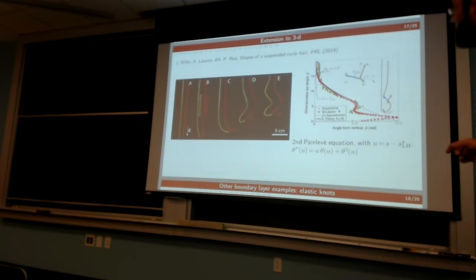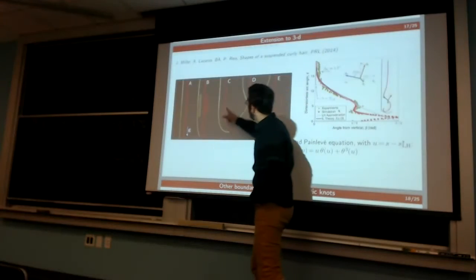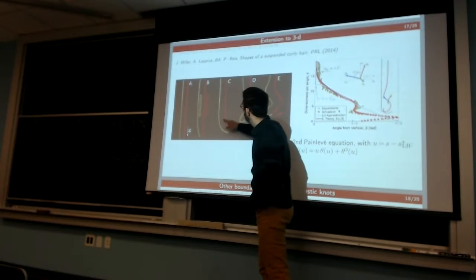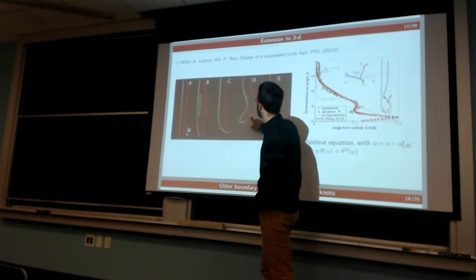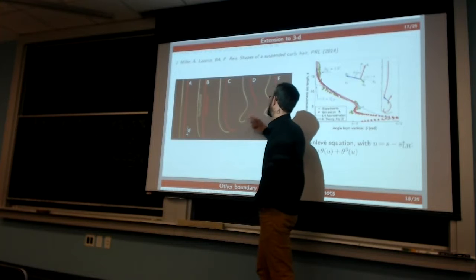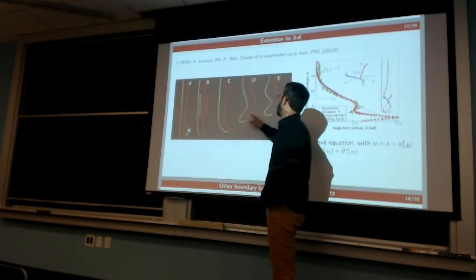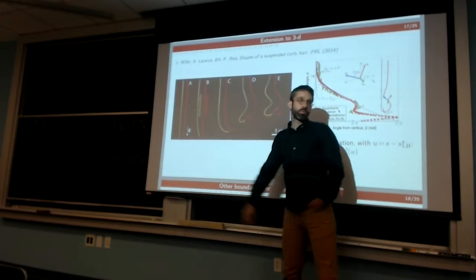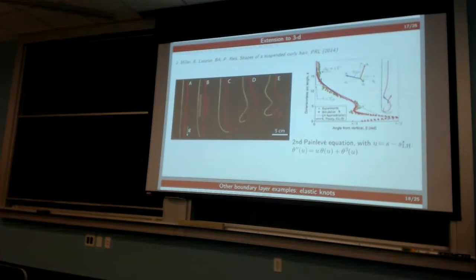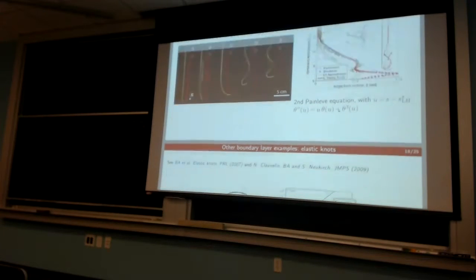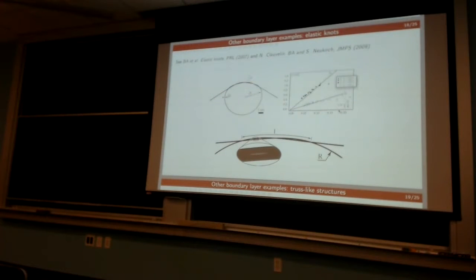But you get the same types of patterns. You have the planar shapes that we had before, and then at some point some instability where you go 3D, but it's the same thing: the load or the tension is lower at the bottom, and you see something that looks more like the natural curvature as you go to the bottom. And I think I've included our paper that analyzes this problem on the online repository.